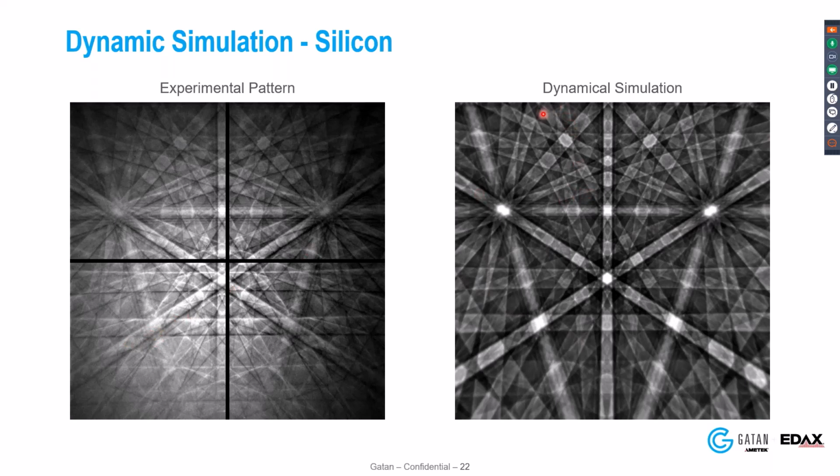Up here, you see some Holtz ring type effects in the pattern. So there's good matching between the simulation and what we see experimentally from a pattern. So that's good. This has been a big step forward to being able to enable this type of technology.